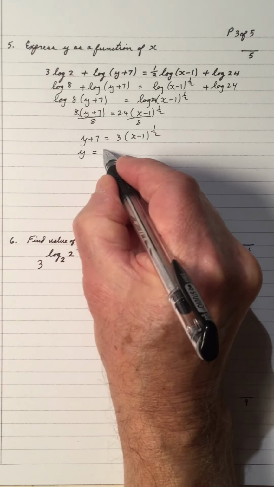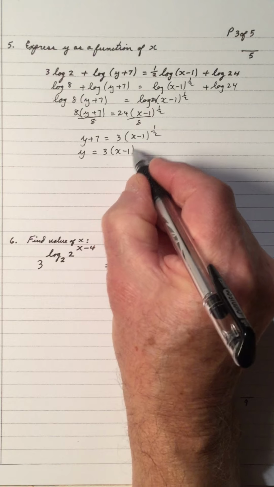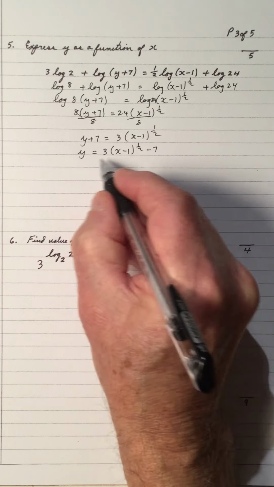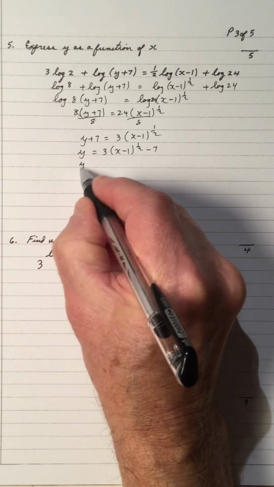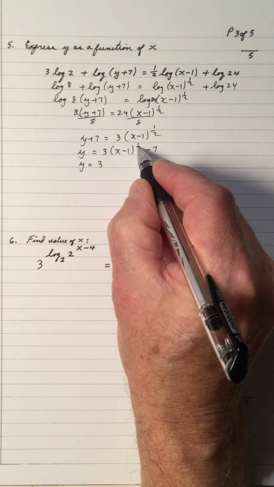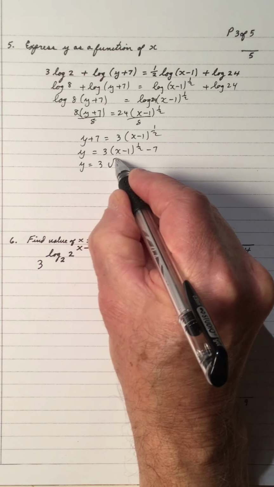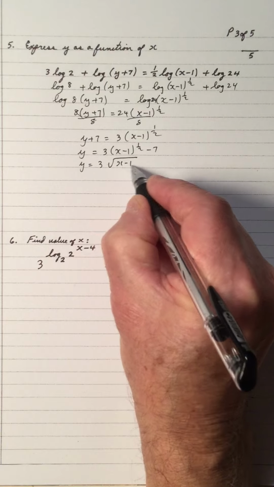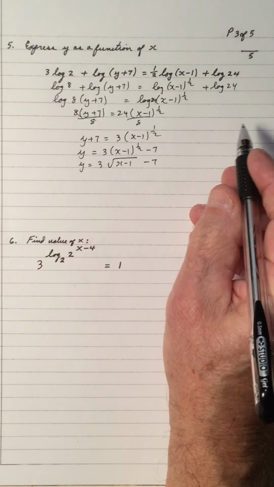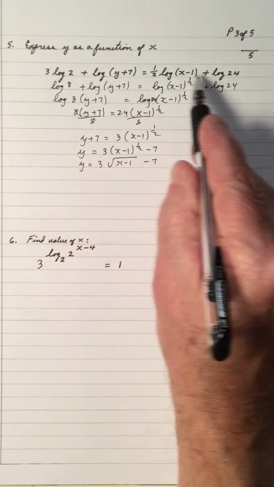So y equals 3 times x minus 1 to the 1/2 minus 7. So I could leave it like that, or 1/2 as a power means square root, so I could write that as 3 times the square root of x minus 1 minus 7.